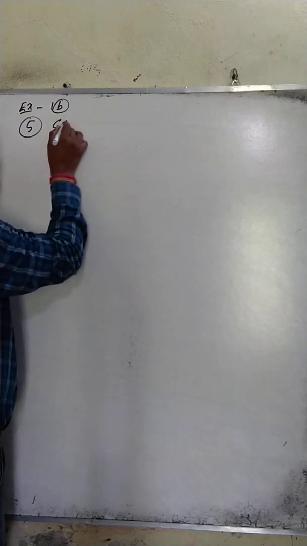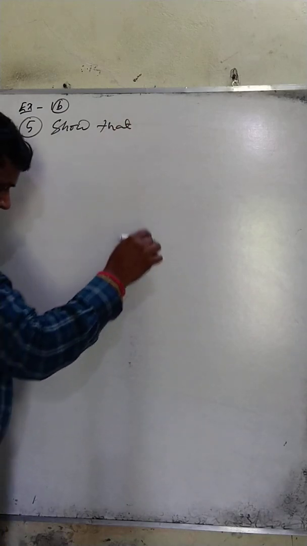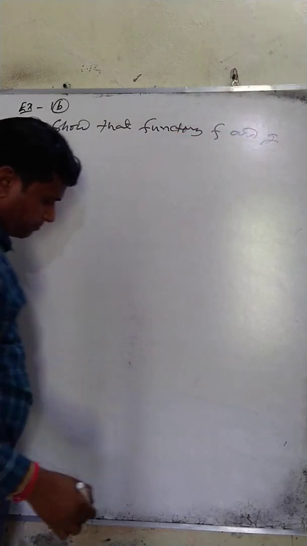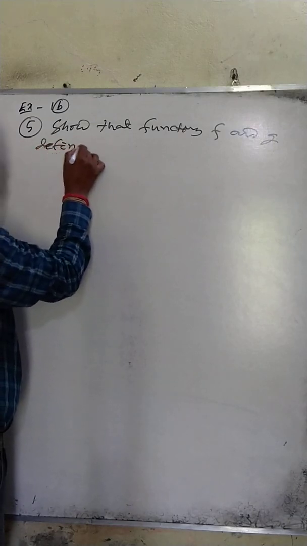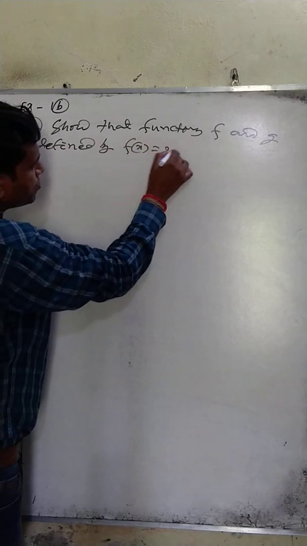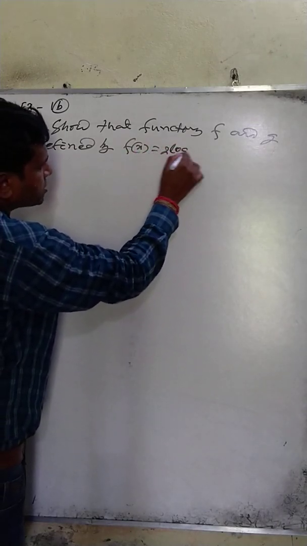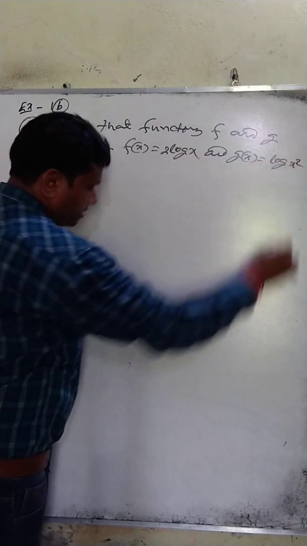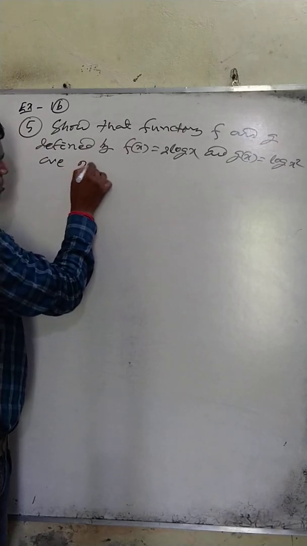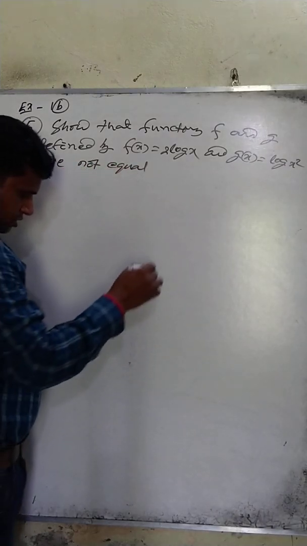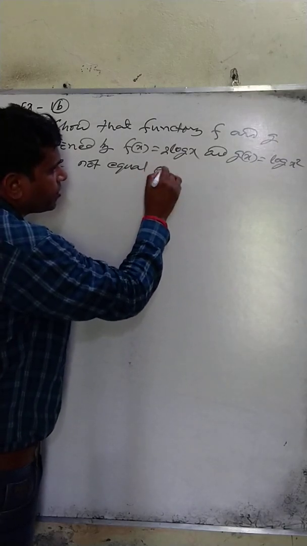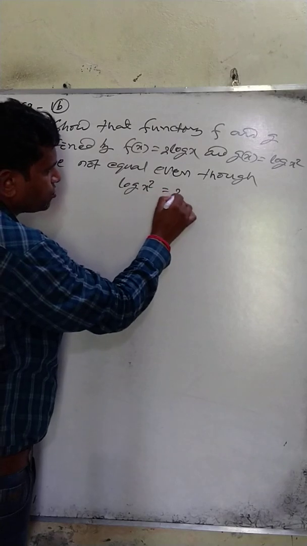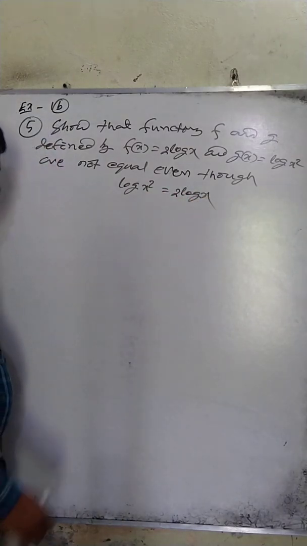The question is: show that the functions f and g defined by f of x is equal to 2 log x and g of x is equal to log x square are not equal, even though log x square is equal to 2 log x.